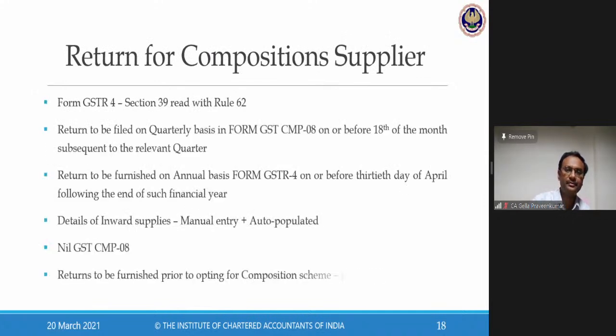Next. Before I go to my composition, I'll come back to my GSTR 3B for making you understand this particular GST attribute. Just give me a minute. Let me open your GST attribute file and then give access to that.